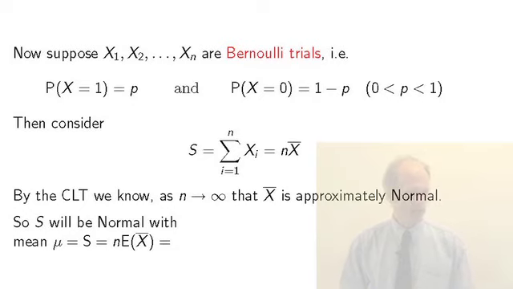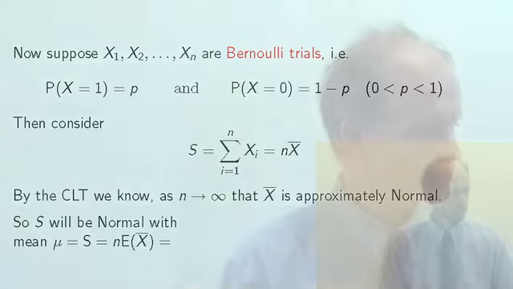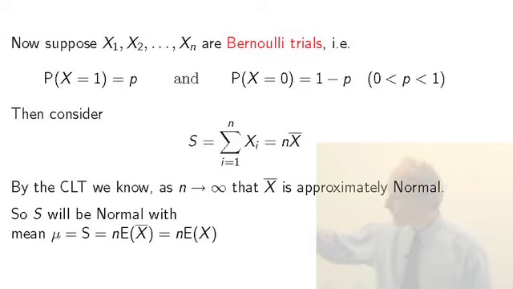So S itself will also be normal, because that's just a constant times another random variable which is normal. In particular, the mean value for S, we'll call it mu, is n times the expected value of x bar, and the expected value of x bar is the expected value of x.